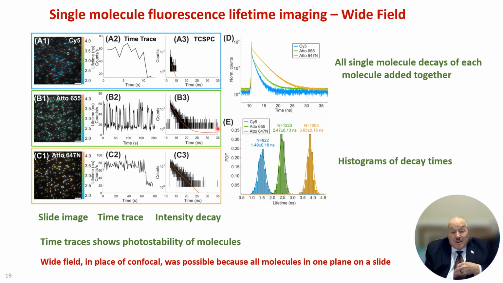Not much signal, they're highly variable. This center part is pretty interesting because this tells you how photostable the molecules are. So these are the time traces from that particular molecule as it's being illuminated, and you can see the Cy5 was quite photostable, where the Atto dye was blinking on and off and not very photostable.